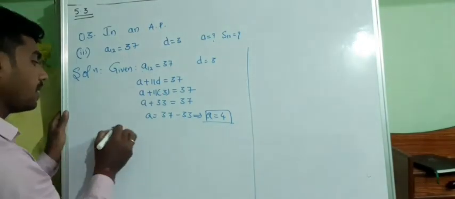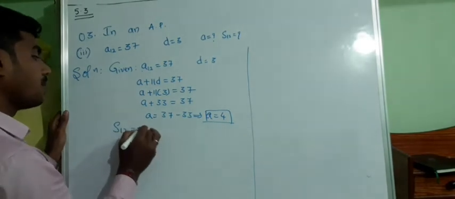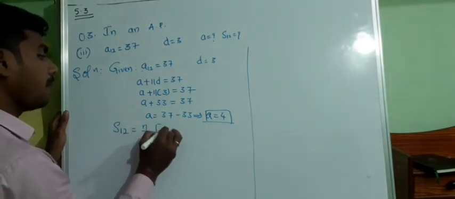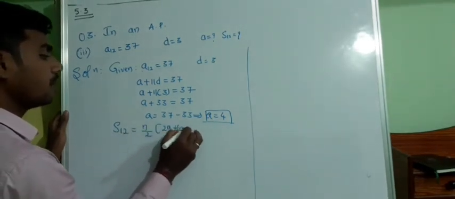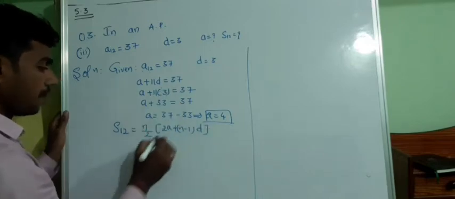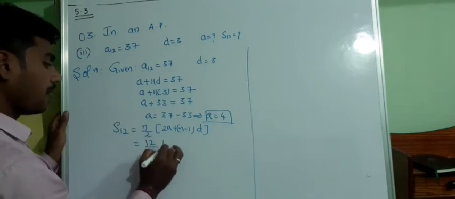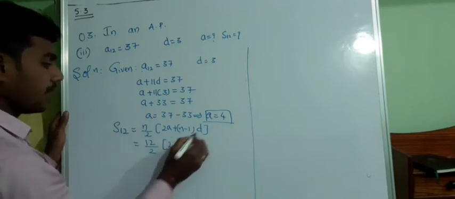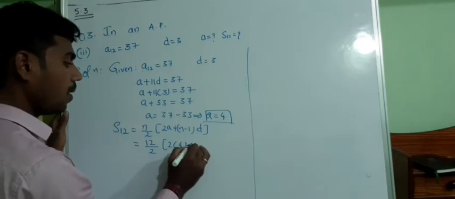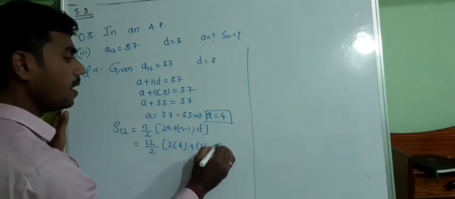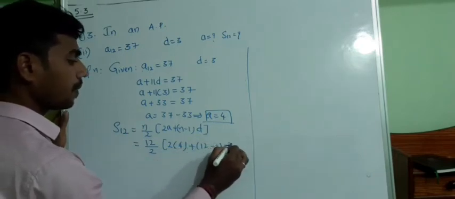I need to calculate S12. What is S12? So n by 2 into 2A plus n minus 1 into D. This is the formula. What is n here? N is 12. 12 by 2, 2 into what is A? A we just now calculated, that is 4, plus n is 12 minus 1 into D is 3.